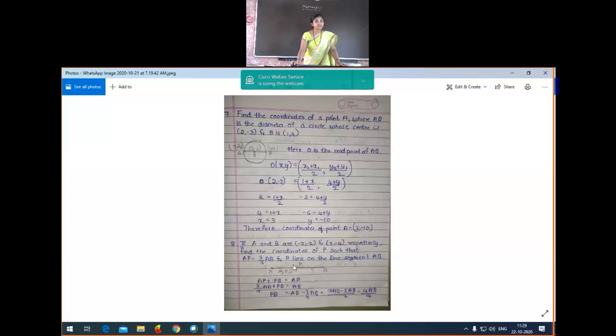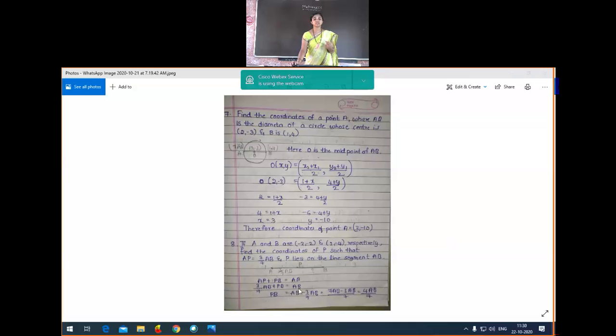For that we need the ratio, no? As a hint, AP is given as 3/7 times AB, so we have to find PB also. AP plus PB equals the total line segment AB. In place of AP, substitute 3/7 AB, so 3/7 AB plus PB equals AB.